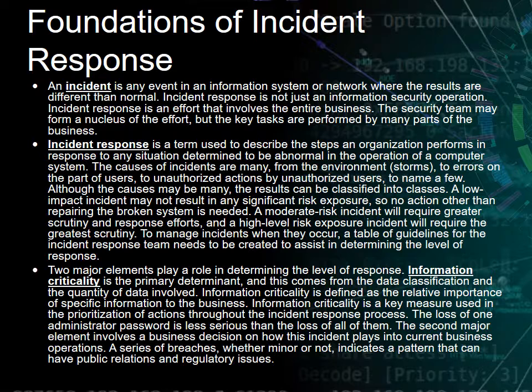The loss of one administrator password is less serious than the loss of all of them. The second major element involves a business decision on how this incident should play into current business operations. A series of breaches, whether minor or not, indicates a pattern that can have public relations and regulatory issues.